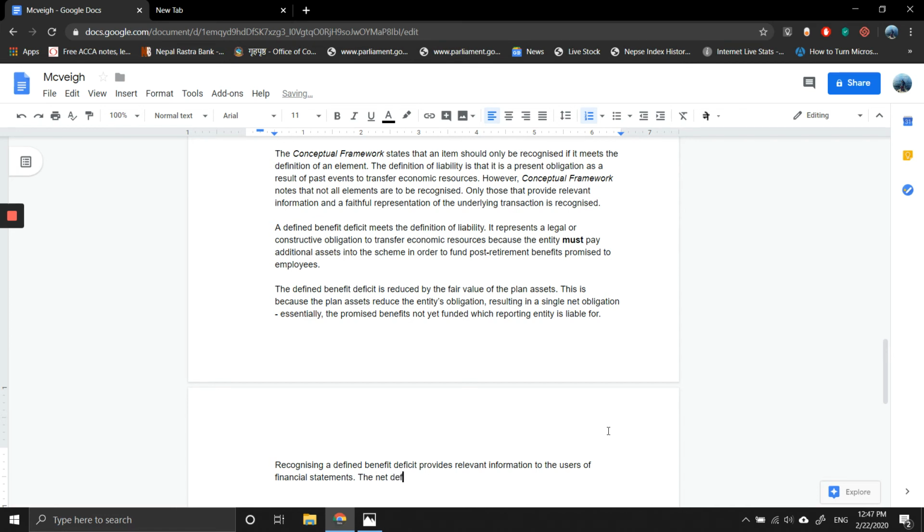Net deficit represents the present value of the unfunded net promised obligations.